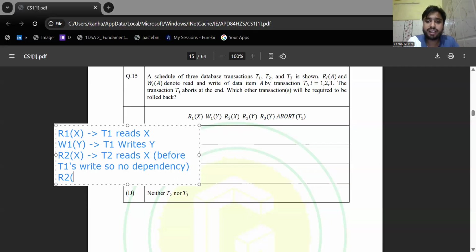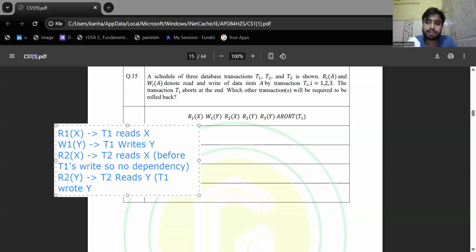R2(Y), we are trying to read. So T2 reads Y. So Y is already written, and now another person comes and reads it. There is a dependency now, because T1 actually wrote Y already, and another person came trying to read it. So I can say it is a dependency on T1.